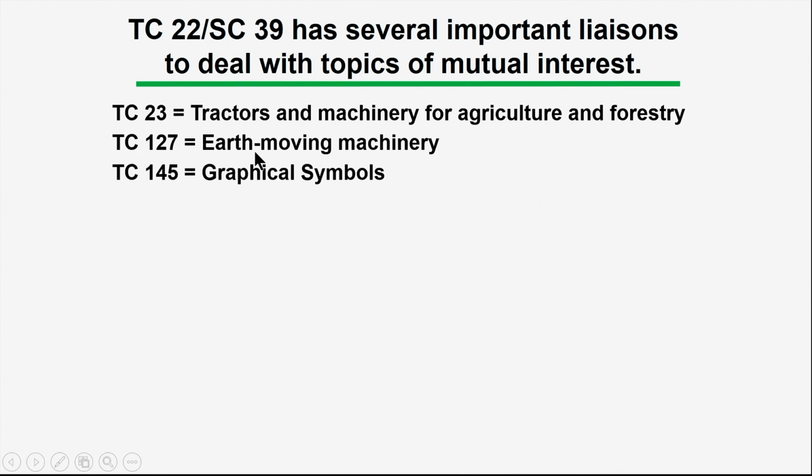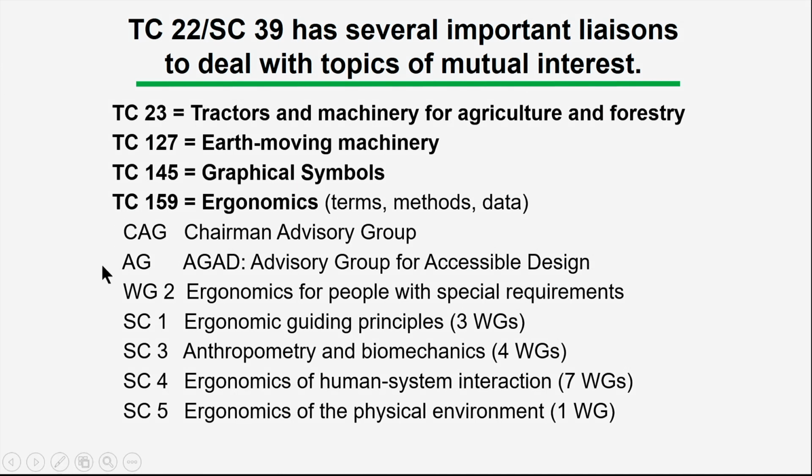They also need to consider earth moving, and of course we have lots of symbols, so they need to talk to TC 145, that's the overarching committee involved with symbols. In addition, they also have to talk to Technical Committee 159, which is ergonomics. Obviously that pertains to the ergonomics of road vehicles. And here are some of the subcommittees of Technical Committee 159 that they need to interact with.